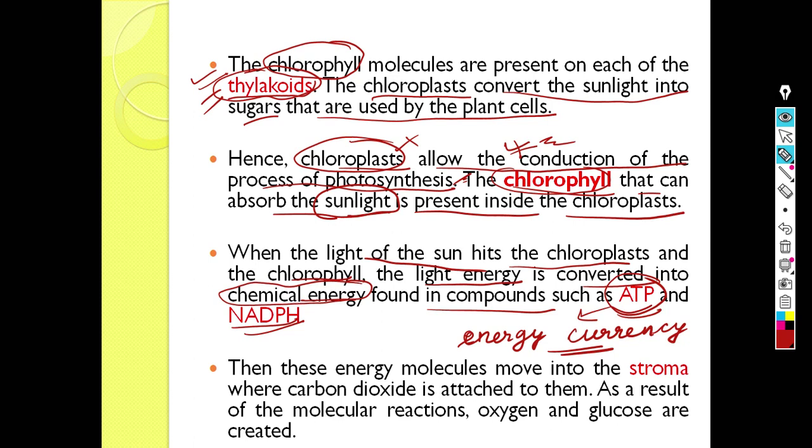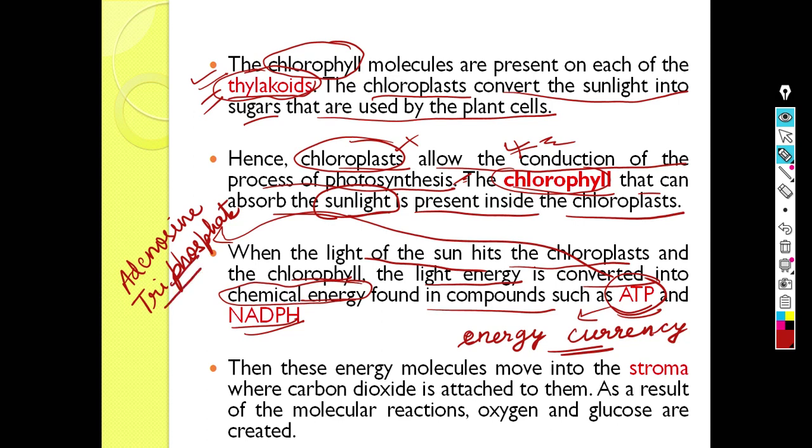What is the full form of ATP? I have told you earlier also, but again I'm telling you, adenosine triphosphate. Okay, so these are a kind of energy currency, like you buy things with the help of money, rupees, notes, or any currency in whatever country you are living.